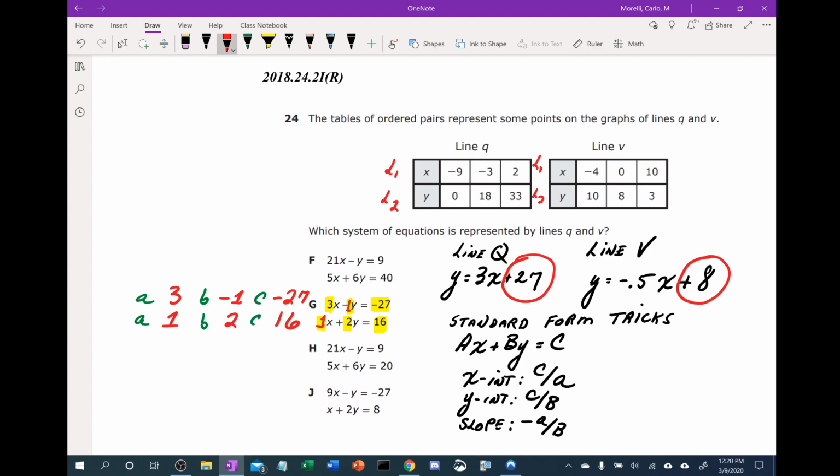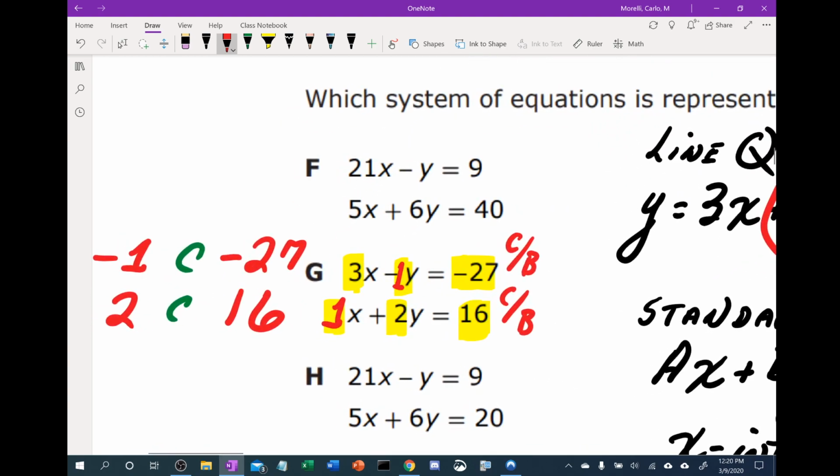These are the two y-intercepts, 27 and 8. And our formula for y-intercept is C over B. C over B. So we're going to compute this 2 times. So my C value is negative 27. What's my B value? Negative 1.